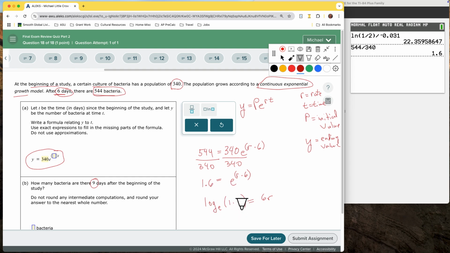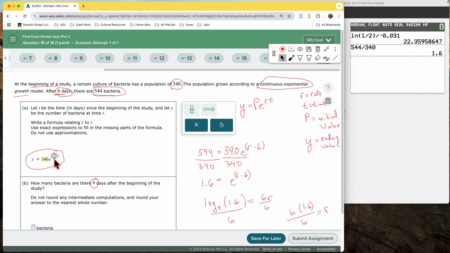And the 1.6 goes here. Remember, that's a natural log. Let me divide both sides by 6 first. So we get that the rate is equal to the natural log of 1.6 divided by 6. We could have had the natural log of 544 over 340, especially if it didn't come out to a nice number. But this should work.